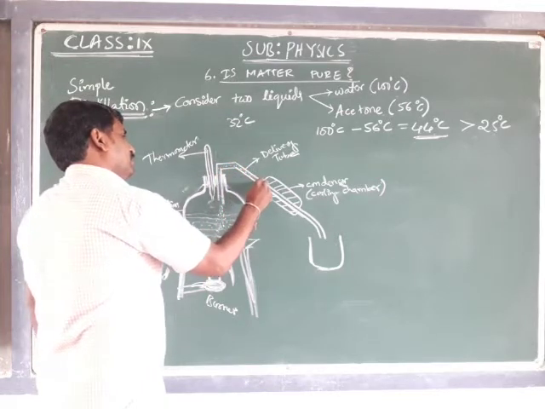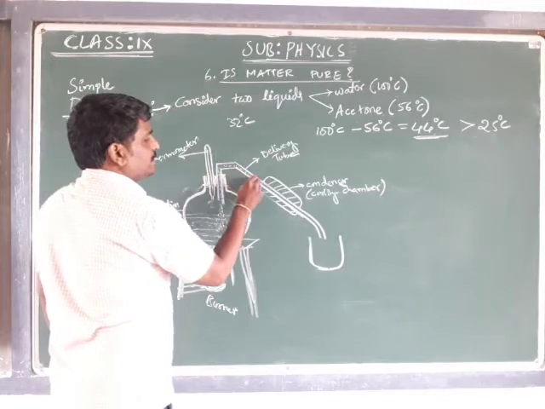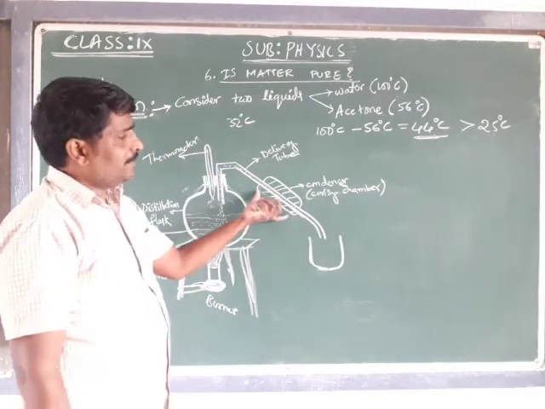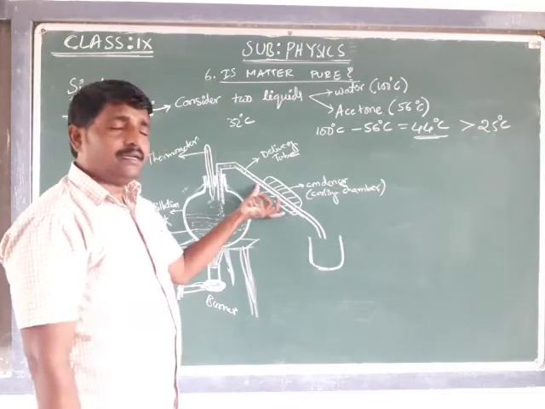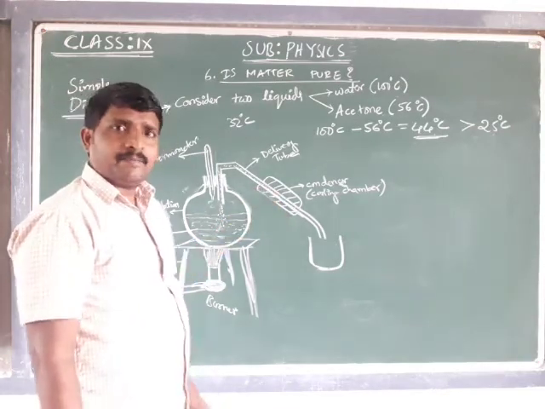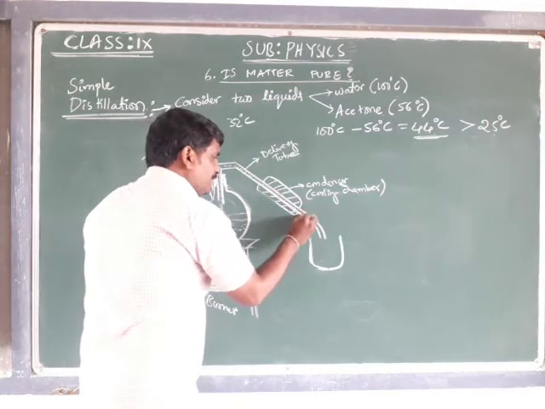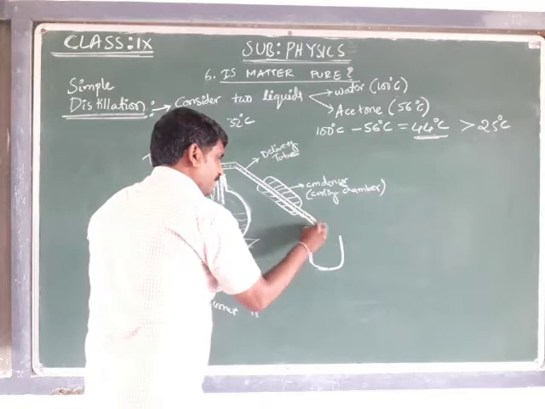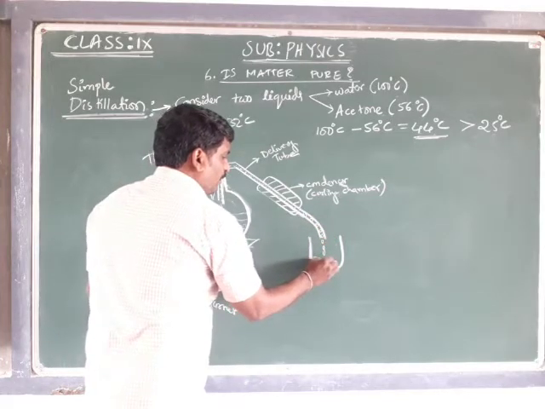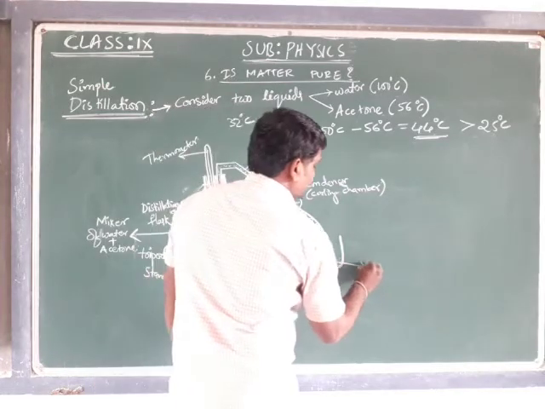When it reaches this condenser chamber, this cooling chamber, due to the cool air, cool water and low temperature in the condensing chamber, the vapor form of acetone starts converting into liquid, where the liquid form of acetone will be collected as distillates.